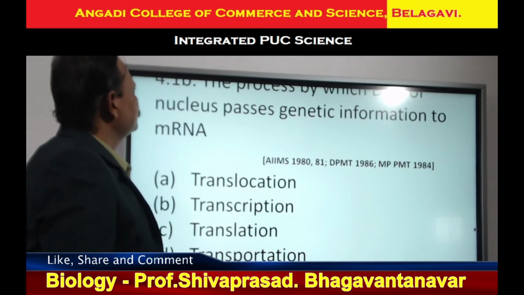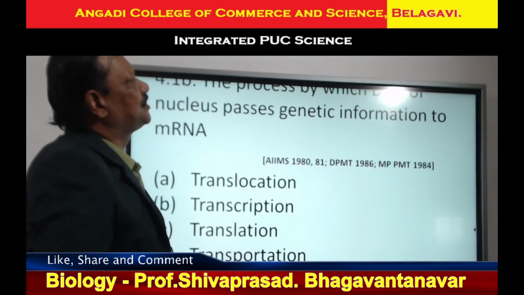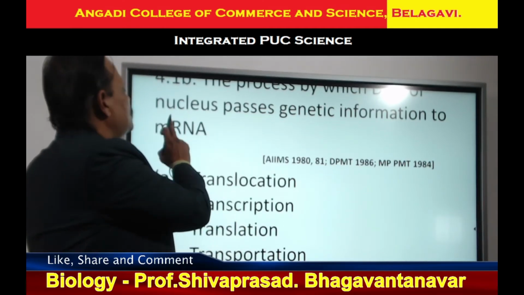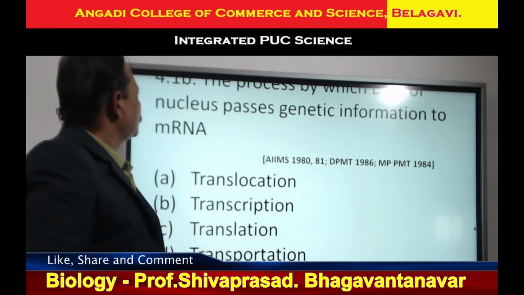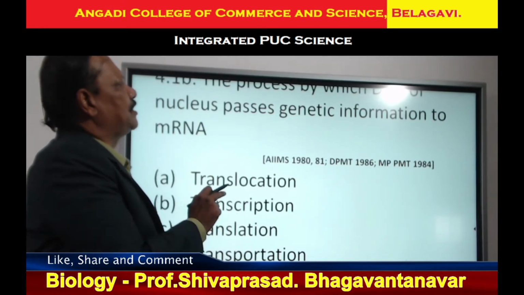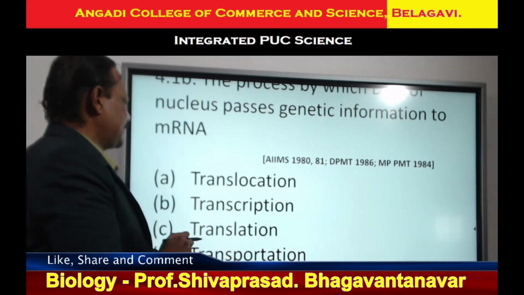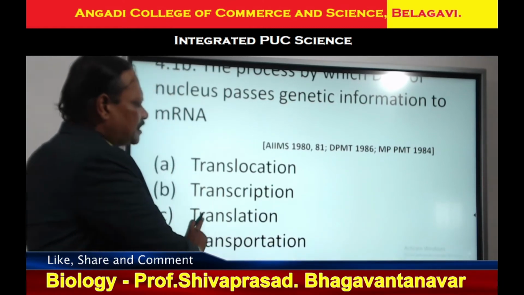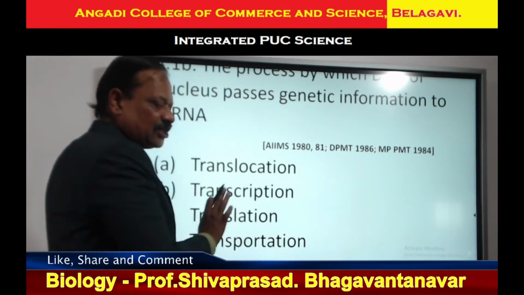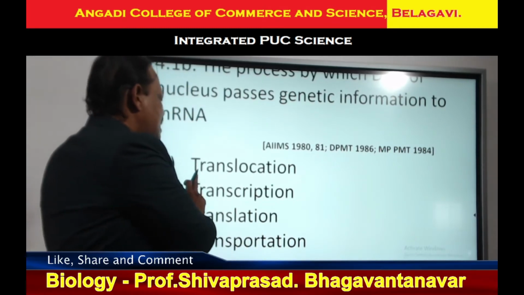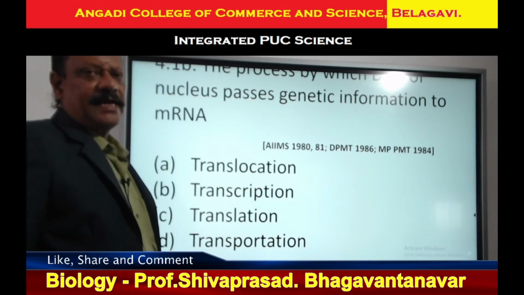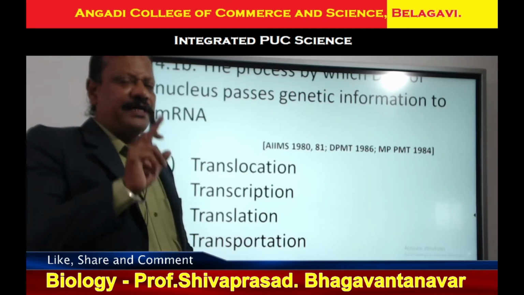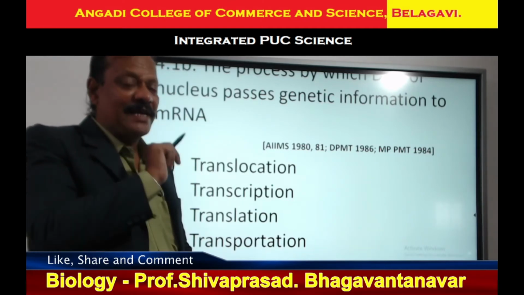Now see here, the process by which DNA of nucleus passes genetic information to mRNA. So the genetic information, okay, how it is passed to mRNA? First, translocation, transcription, translation, transportation. So your right answer is transcription. Okay, DNA transcripts to form mRNA, or DNA to form DNA, it is called replication.